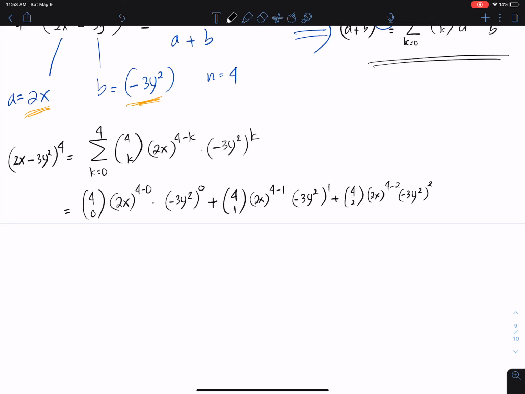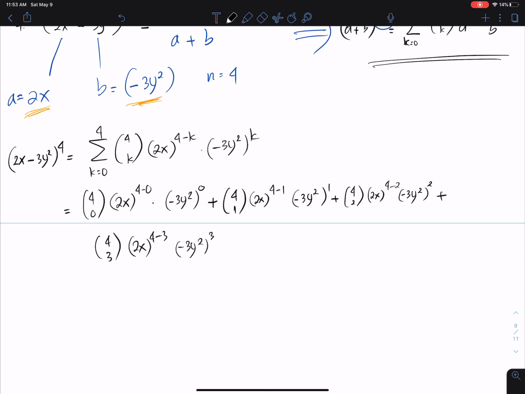Okay, and then plus, I don't think there is enough space, so I'm going to continue at the bottom. Plus combination 4 3, now k equal to 3, 2x to the power of 4 minus 3, times minus 3y squared to the power of 3.